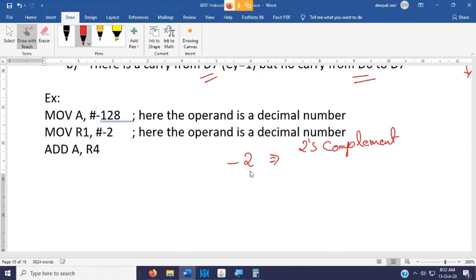For that, it will take this number, 0 0 0 0 0 0 1 0. Then it will take the 1's complement, 1 1 1 1 1 1 0 1, and then add 1 to this number, so that you get the 2's complement.